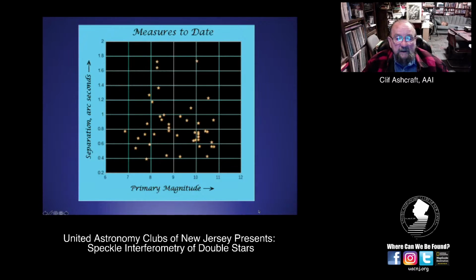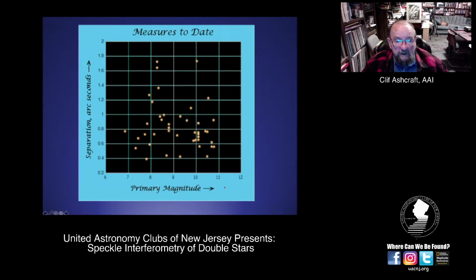Measures to the time that I did this talk, which was a while back, each of these stars is a star that I successfully measured the separation and position angle. And so we're plotting separation versus primary magnitude of the star.